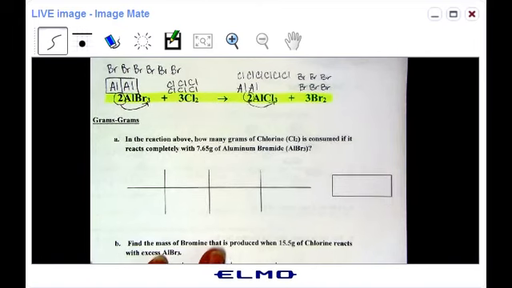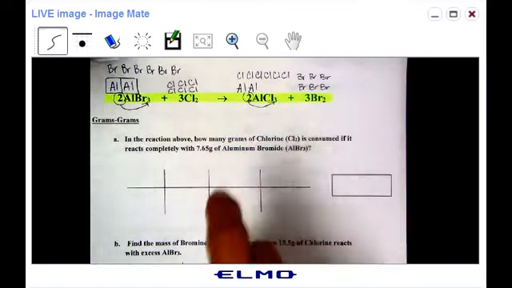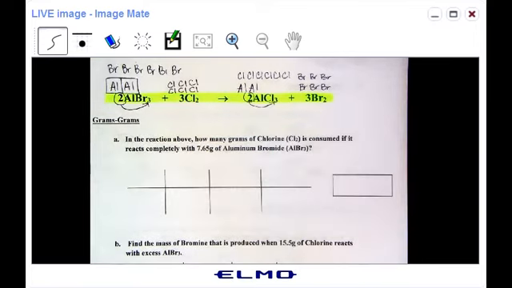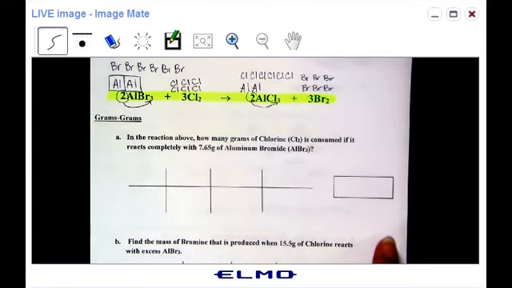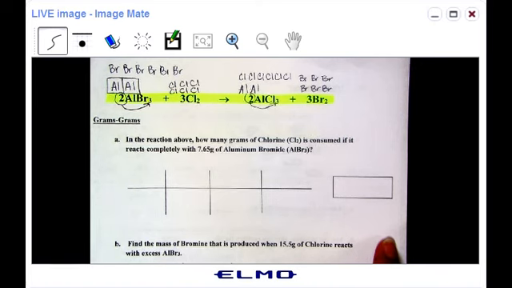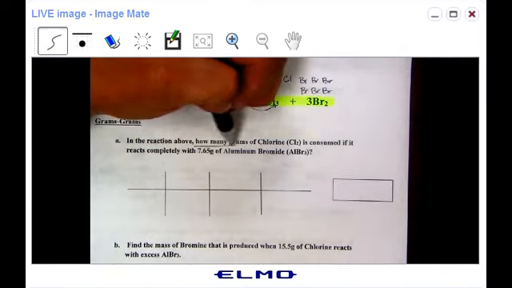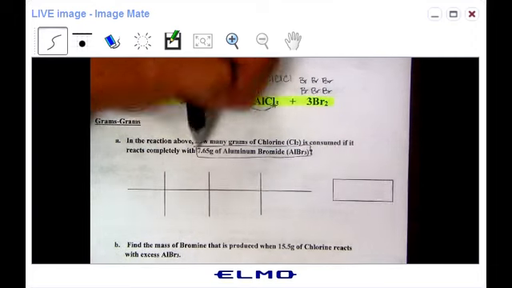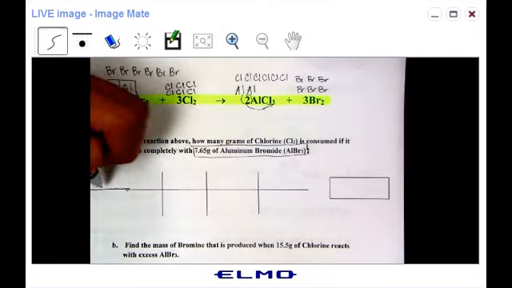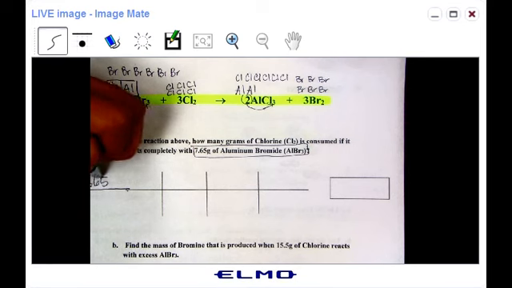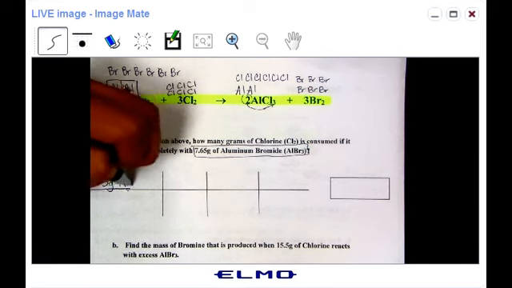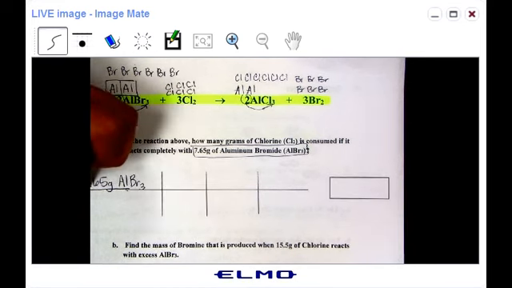Step 1 is just to always make sure that it is balanced. 6 Brs, 6 Cls, 2 Als. Now that we know it's balanced, we can begin the problem. Before I read it, I'm going to just identify what I'm given, which was 7.65 grams of AlBr3.